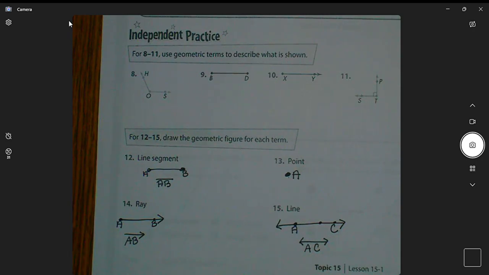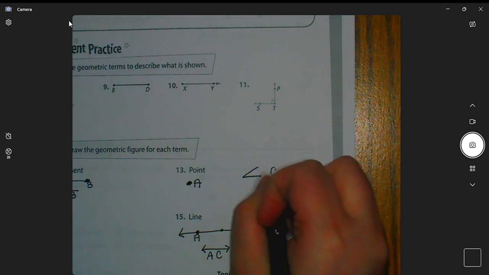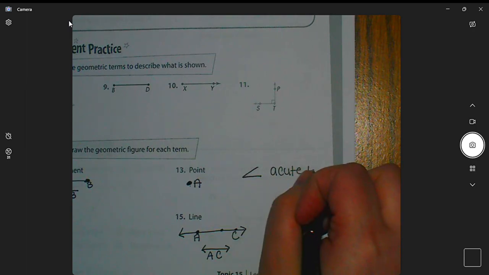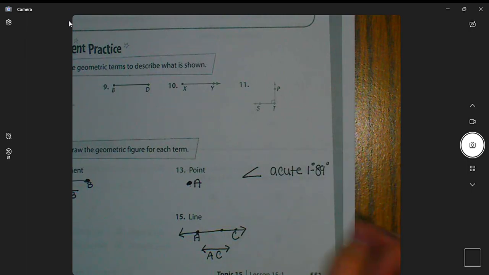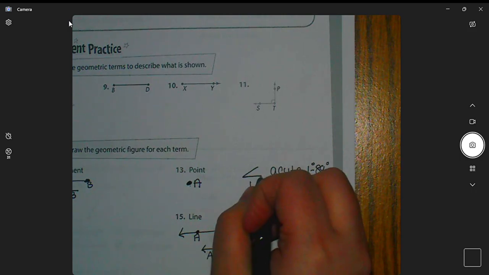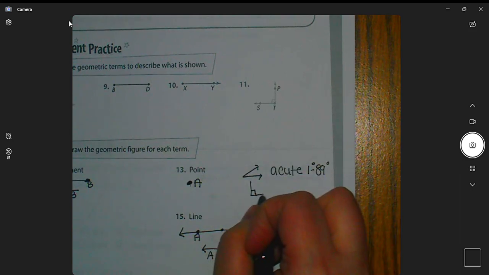Now, I also have a few types of angles I need to look at as well. I have acute angles, and they look like this. And they measure anywhere from 1 to 89 degrees. I have right angles, and right angles are really cute because they have a tattletale. This tattletale tells me that it forms a perfect square at the corner.